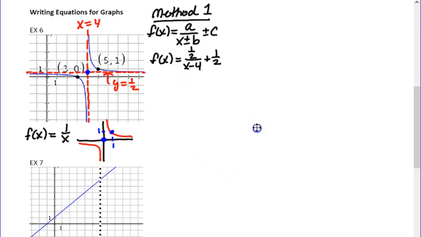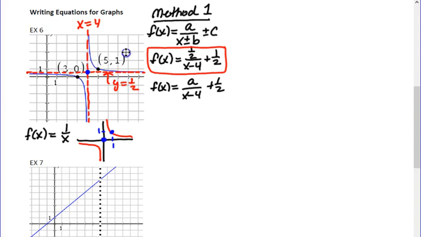This is what the equation looks like. I could also think, looking at the first 2 pieces of information, I have f of x equals some number a over x minus 4 plus 1/2. I know 2 points, 5, 1, and 3, 0. So let me put 5 in for x and 1 for y.